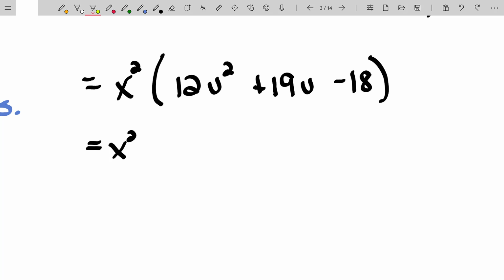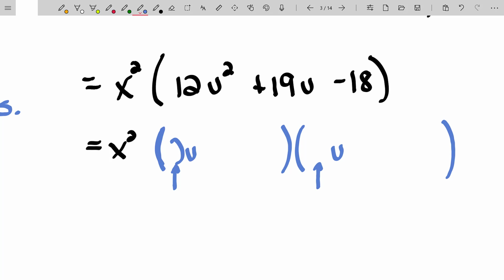So how does the guess and check method work? Well, if this trinomial, 12u squared plus 19u minus 18, factors, then if I plug a u right here and a u right here, there are some missing coefficients. Remember, when you do the binomial distribution, you'll get whatever this coefficient is times u times whatever this coefficient is times u. So you'll have a u squared times the product of those coefficients.